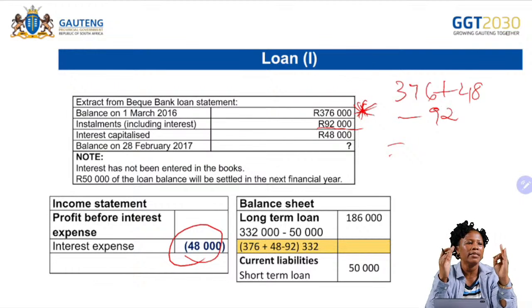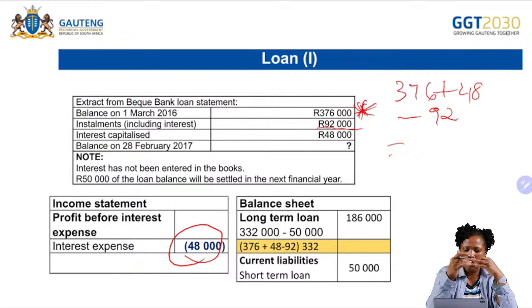Remember your payments, their composition is interest plus the capital. So when we repay as a business, we are repaying the interest and the capital component. So that is your 92. So when you do your calculations, you are going to get 332,000.